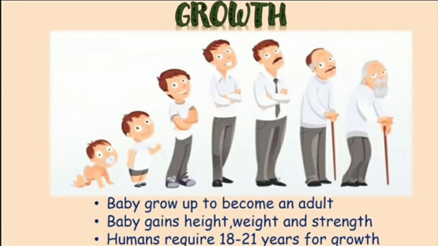So first we can say that baby grows up to become an adult. It could be a woman or a man, right? Now during the period of its growth, the baby gains height, weight and strength, right?